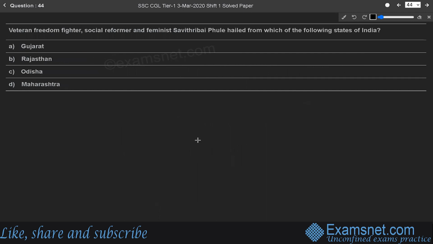Veteran freedom fighter, social reformer, and feminist Savitribai Phule hailed from which of the following states of India? Savitribai Phule belongs to Maharashtra. She was born on January 3rd in the year 1831 and was married to Jyotirao Phule.